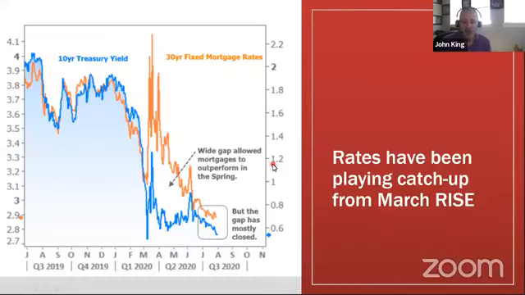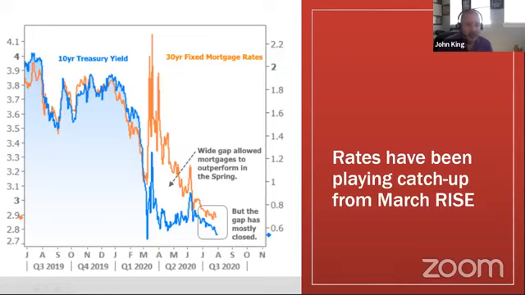The first thing that a lot of people talk about, I've covered this a few times in these webinars, but I want to remind you because the chart is colorful and it's fun. No, truthfully, it really has played out exactly as the market has expected. When you look back at history, you've got this orange line, your 30-year fixed mortgage rate, the blue line being the 10-year treasury.